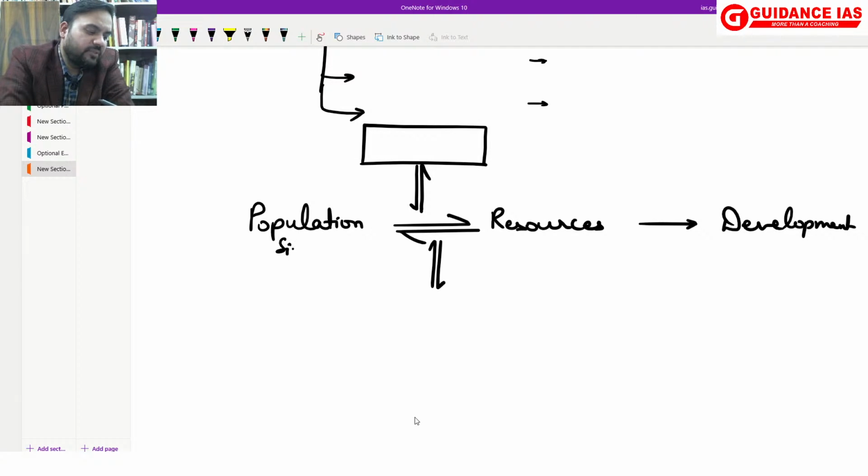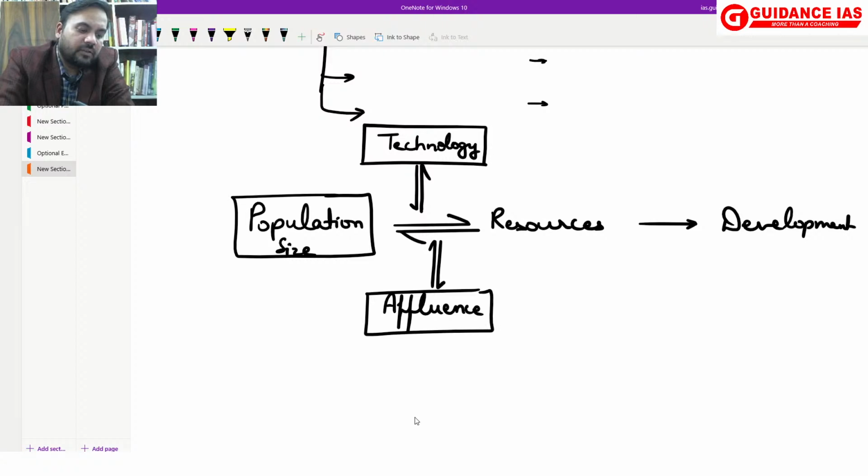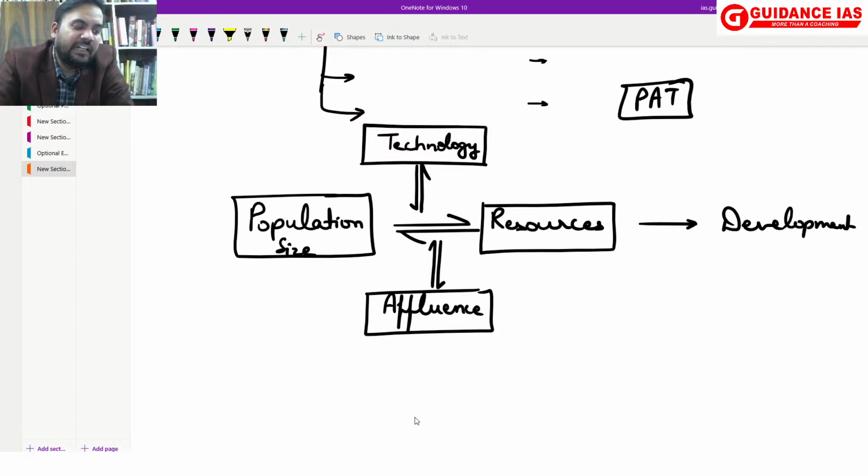Here population means population size. One factor is the factor of technology, and the other factor is the factor of affluence. We call it PAT. So when we have to understand the relationship of population and resources, it is not so simple. It is intervened by the factors of technology and affluence.